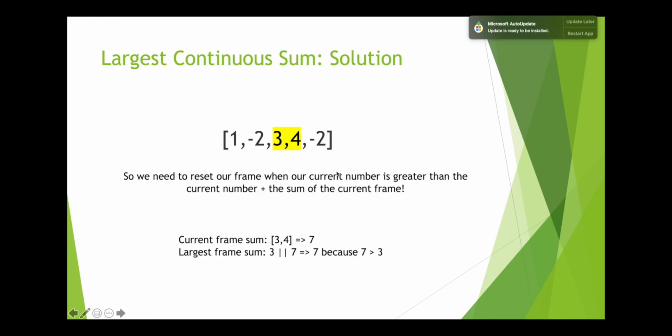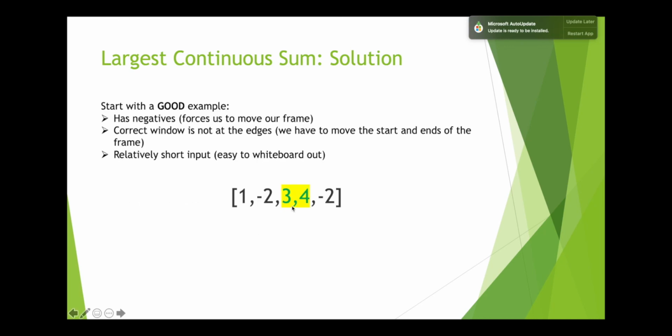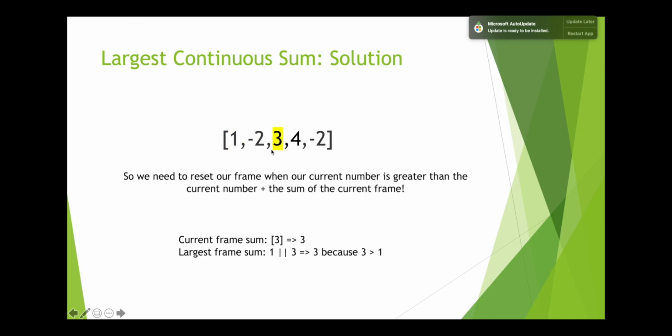So in this case, we're just adding our current num, which will be 4 plus 3, so that'll just be 7, right? In the case where we're resetting, however, we're going to make our current sum just our current num. So our current sum, which was this frame before, just becomes 3 because that is where we want to reset our window.